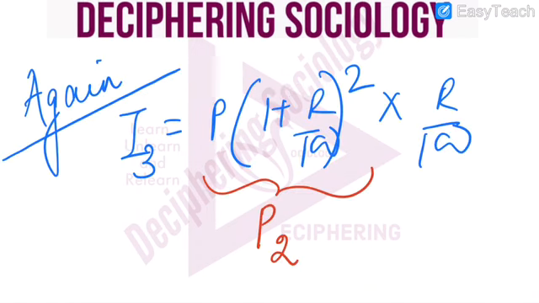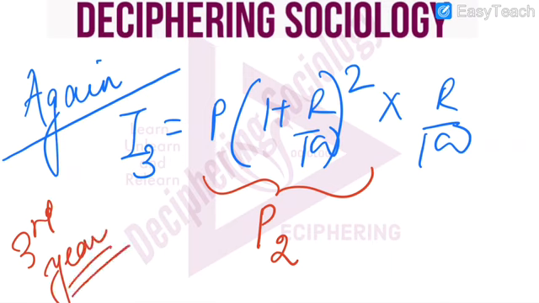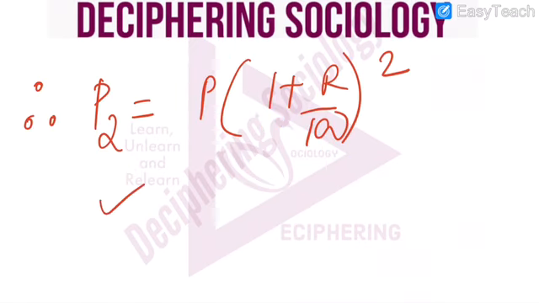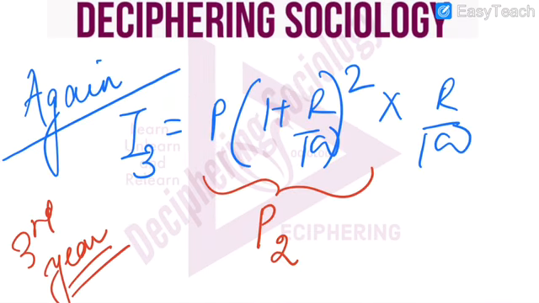Similarly, we will now again calculate I3, or the interest at the end of the third year. Here we will again use a new principal, which will be this amount. So P into 1 plus R by 100 whole square into rate of interest into 1.